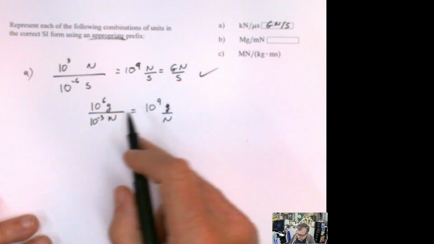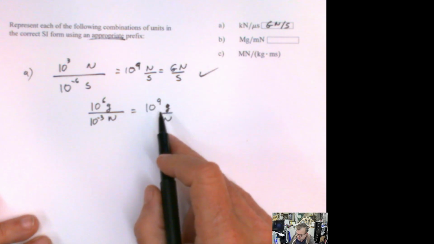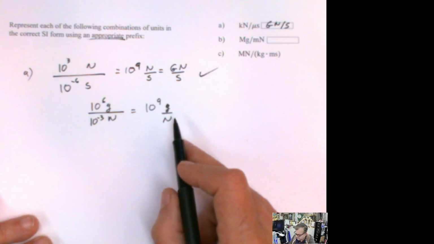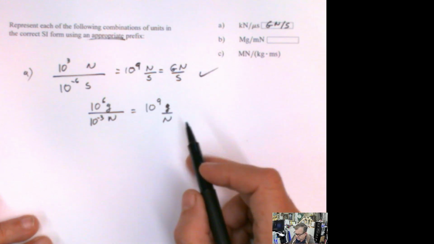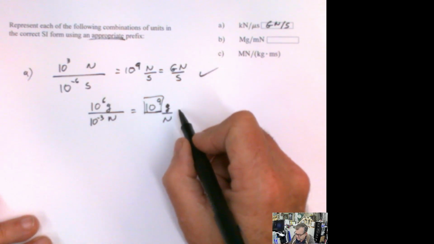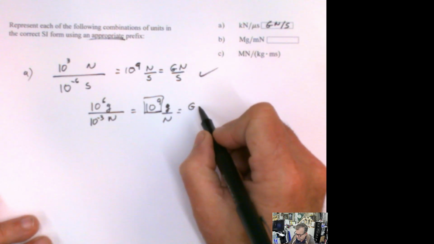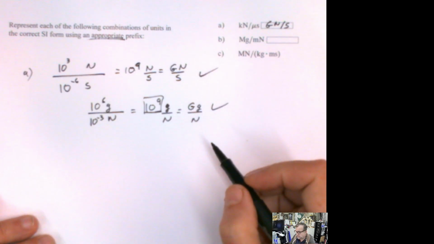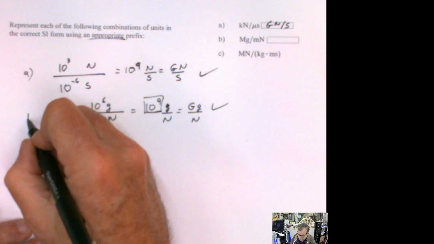The unit is kilogram. But you cannot say, oh, if I express this in kilogram, it will be a million kilograms. It doesn't work like that. So once again, this 10 to the 9 is giga, and the answer will be gigagram per newton. That will be the answer for part B.